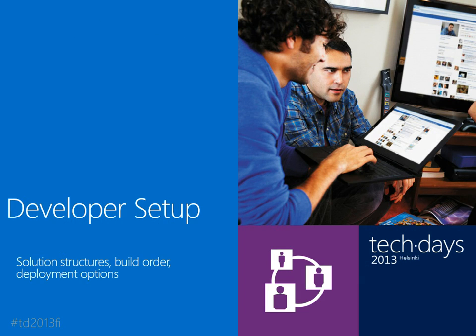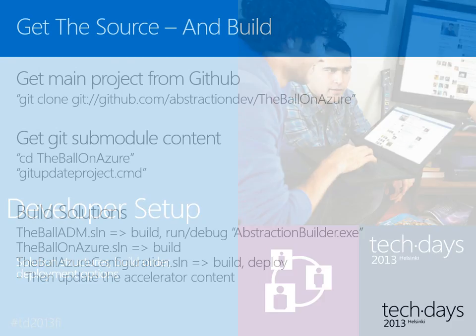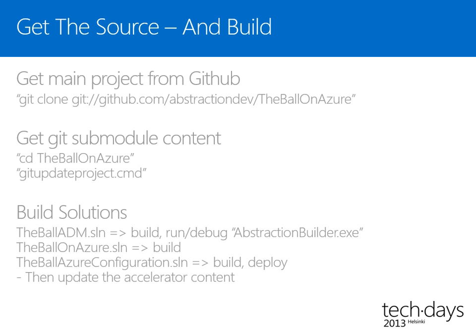So first, for the developer setup. Get the sources and build: basically you can get the whole project from GitHub, then issue the git update project command to get the git submodule content. Then building the solution in proper order would be to build the ADM solution first.